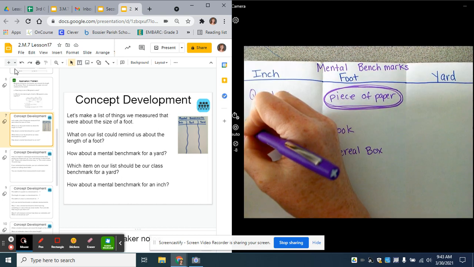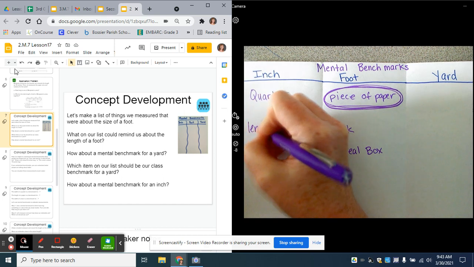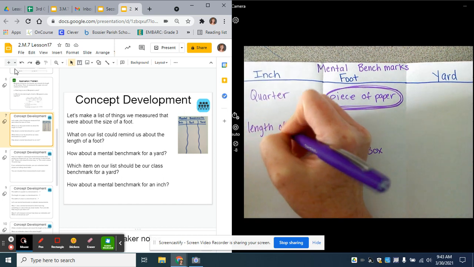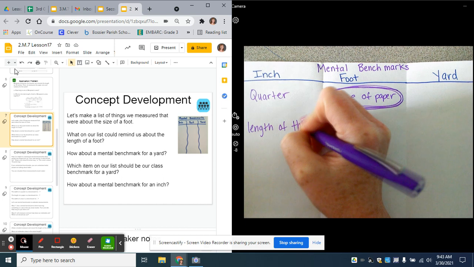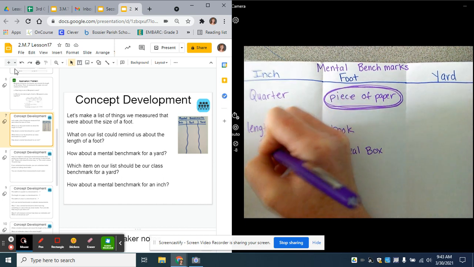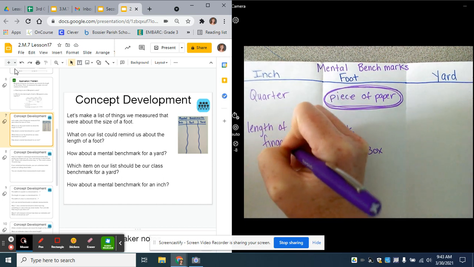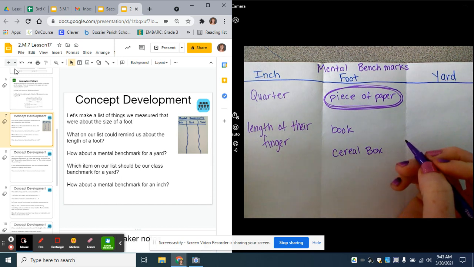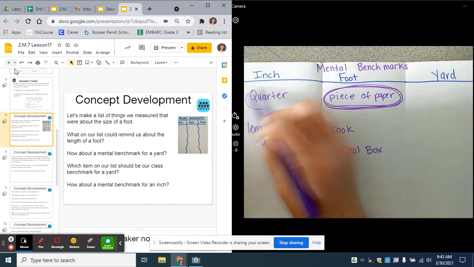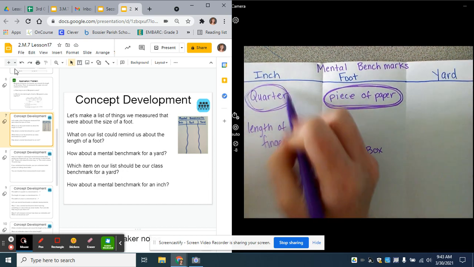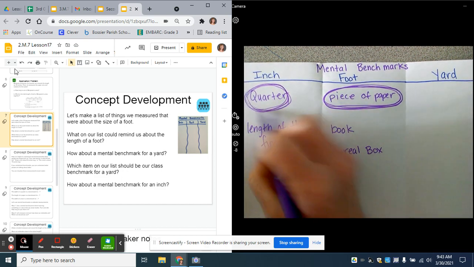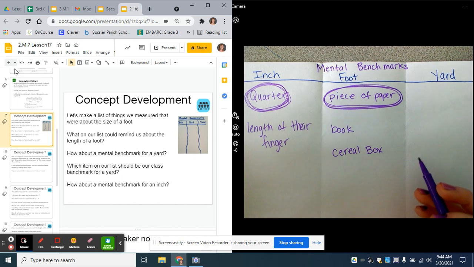Some students said the length of their finger. That one would not be so accurate because everybody's fingers are not the same length. So in the inch category, we're going to use a quarter as our mental benchmark. A quarter. We can all see the size of a quarter in our minds.